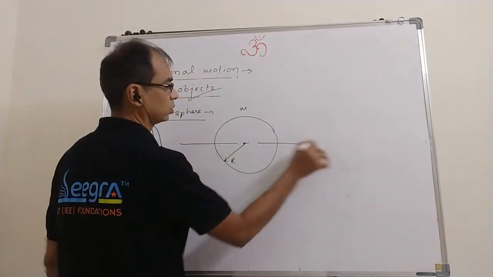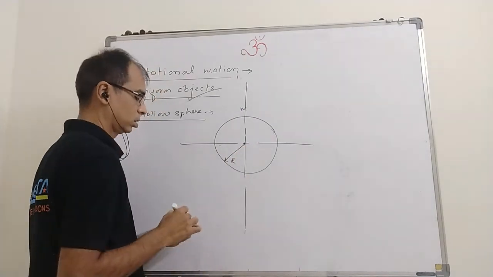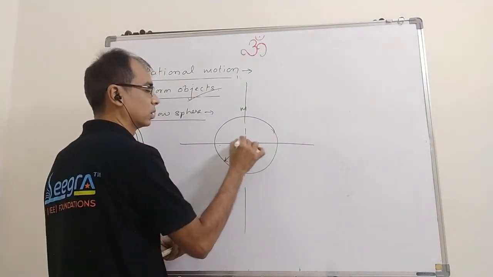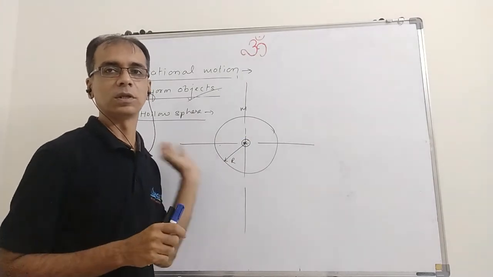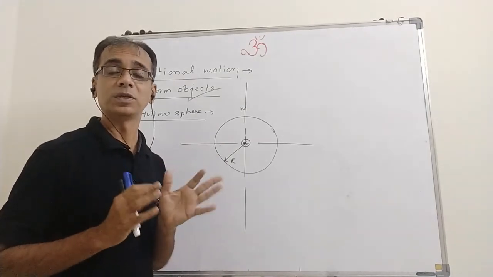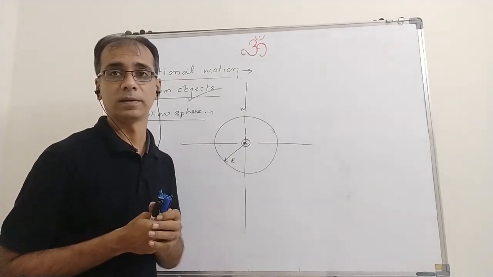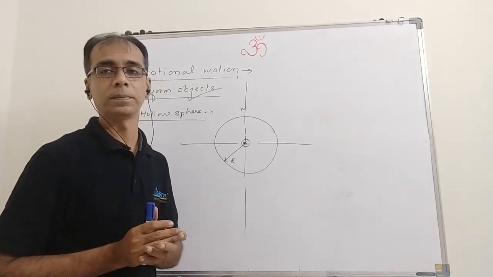Any of the axes passing through center, whether it's x-axis, y-axis, or z-axis, all are basically a diameter of that sphere, because it's a three-dimensional, symmetrical body.